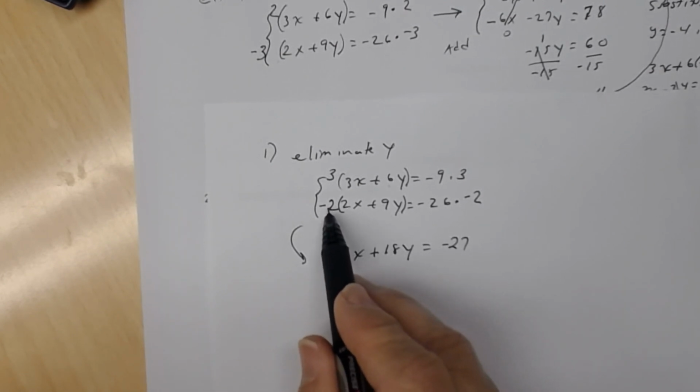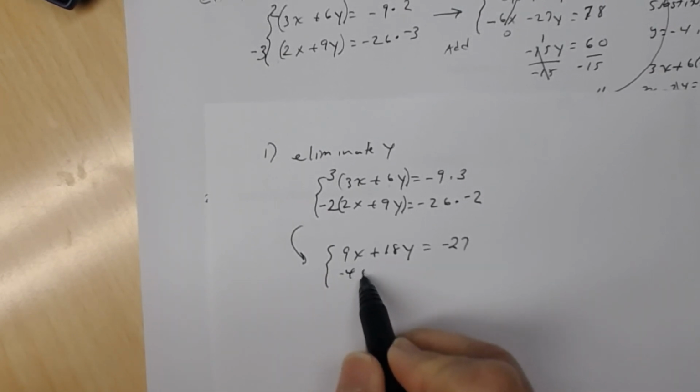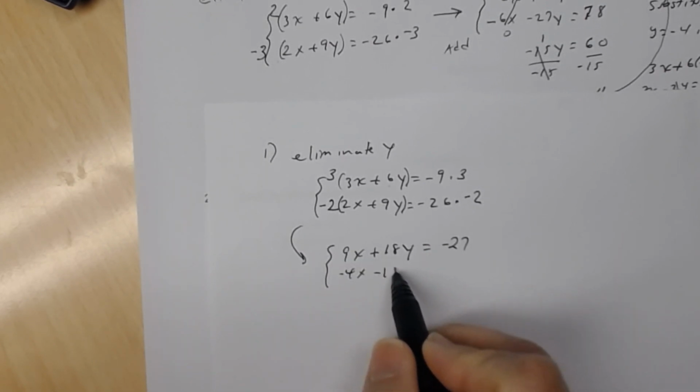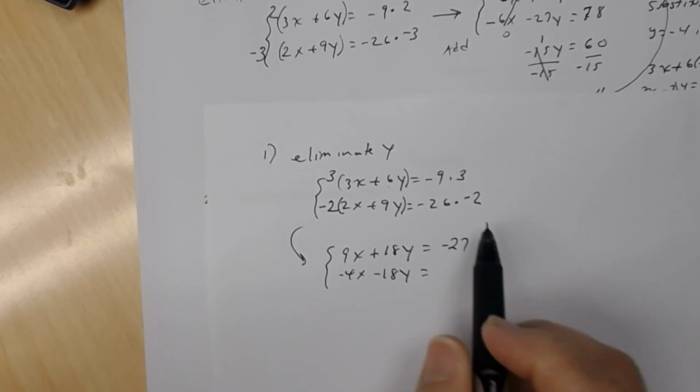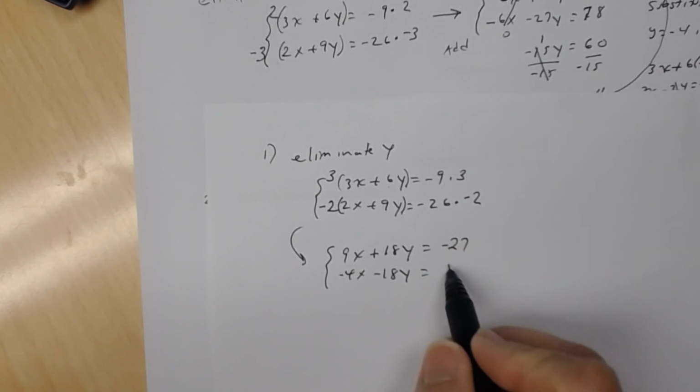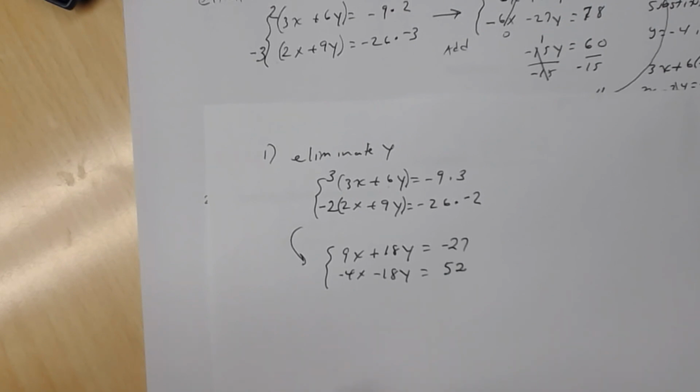Distributing the negative 2, negative 2 times 2x is a negative 4x, negative 2 times 9y is a negative 18y, equal, and then a negative 26 times a negative 2 is a positive 52.